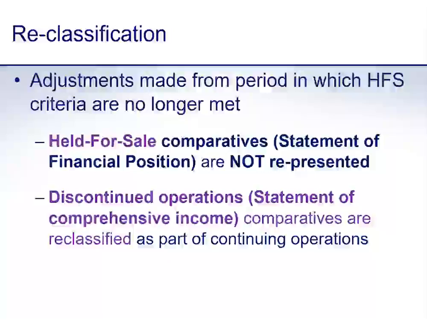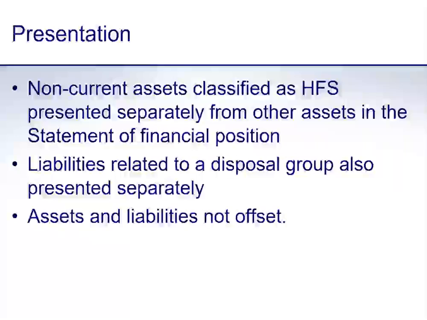The discontinued operations we dealt with, so we'll leave that for now. Just from a presentation point of view, any non-current assets classified as held for sale must be presented separately from other assets that are sitting in your statement of financial position. So you'll see how companies generally will disclose this. They'll show the non-current assets with the list of things that fall under non-current assets, property, plant, and equipment.